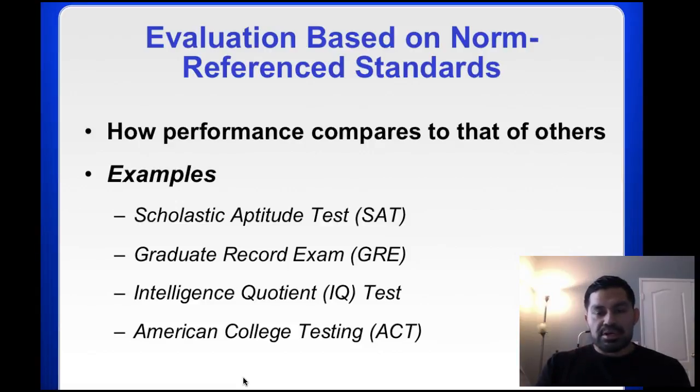Your score is compared to everyone else who has taken the exam, and once they've decided what is an appropriate score, whether it be a university, a job, some sort of military institution, that's how they decide how to allow people into their program, their institution.